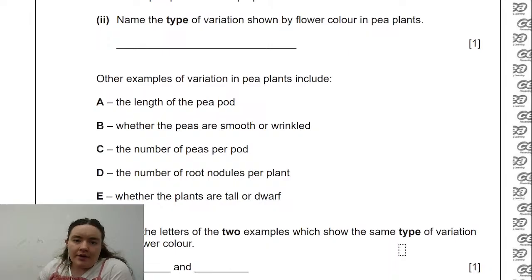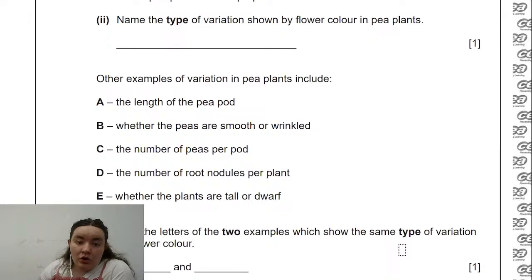Other examples of variation in pea plants include the length of the pea pod, whether the peas are smooth or wrinkled, the number of peas per pod, the number of root nodules per plant, and whether the plants are tall or dwarf.